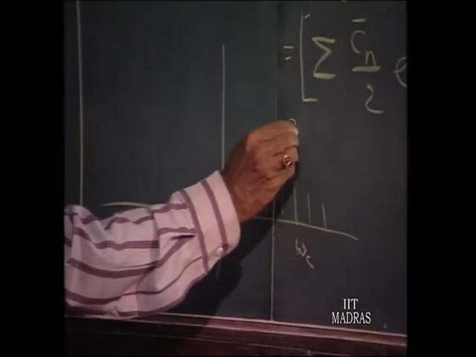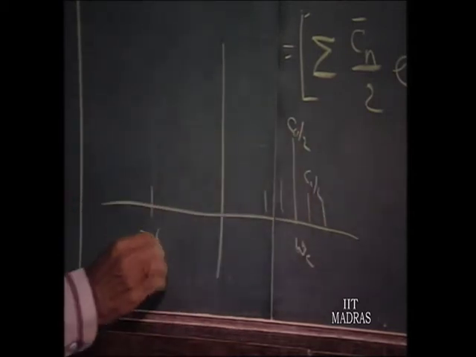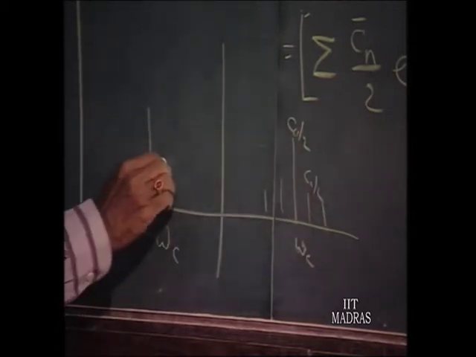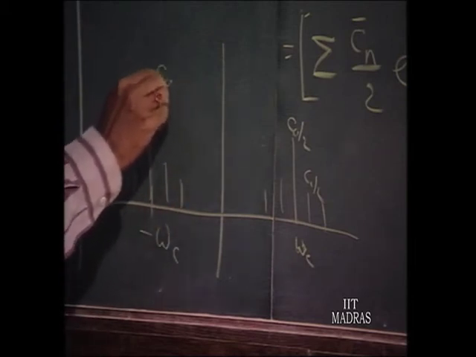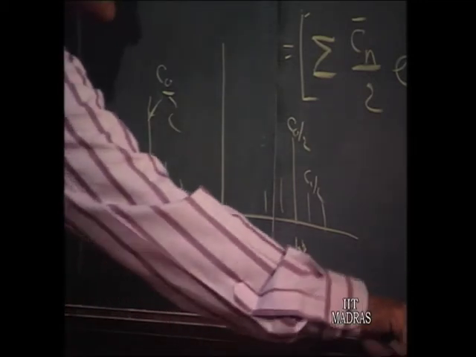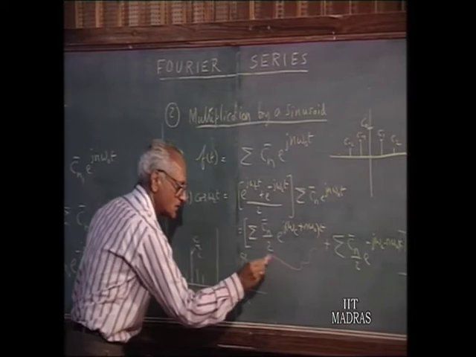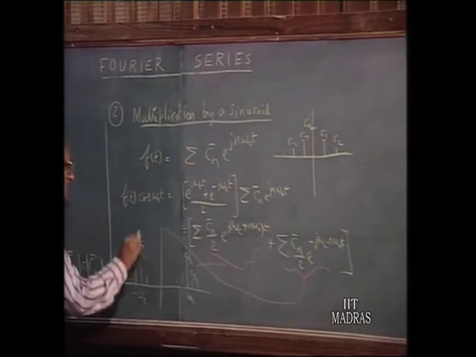This will be C naught by 2, this is C1 upon 2, etc. And centered around minus omega c, you have a second set of components. This is again C naught upon 2. So, this portion corresponds to this, and this portion corresponds to this.